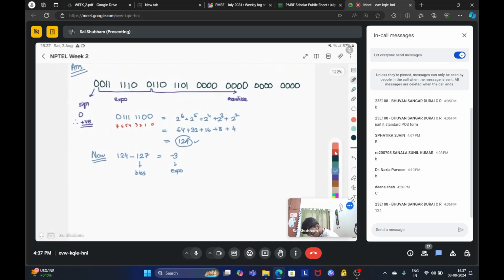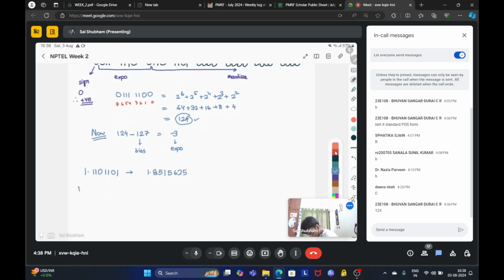Now let's look at the mantissa part. So it is 1.1101101, this is equal to 1.8515625.